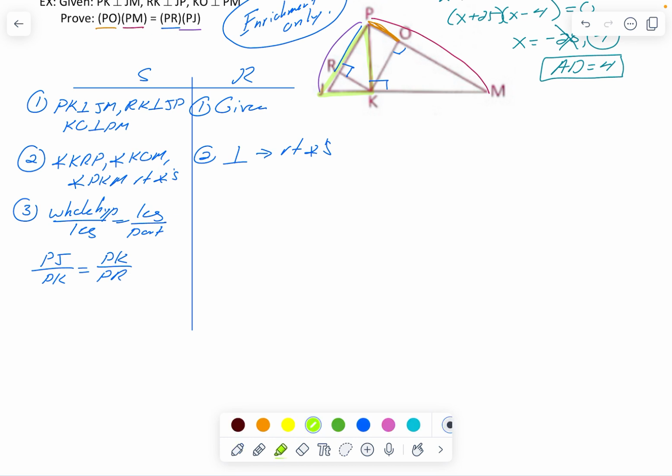And now in our other triangle, for that one, we have the whole thing PM over PK equals PK over PO.